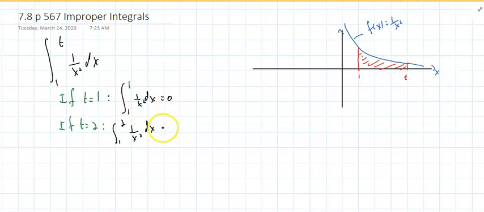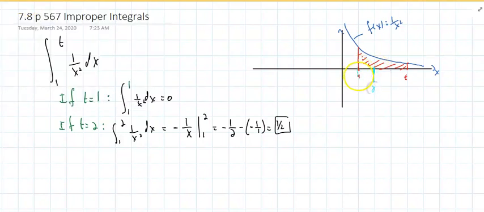Well, that would be negative 1 over x evaluated from 1 to 2. That would be negative 1/2 minus a negative 1 over 1. That would be 1/2. And that means this right here, I just ran from 1 to 2, so I'm talking about this area.